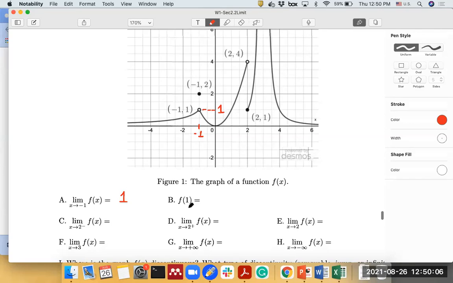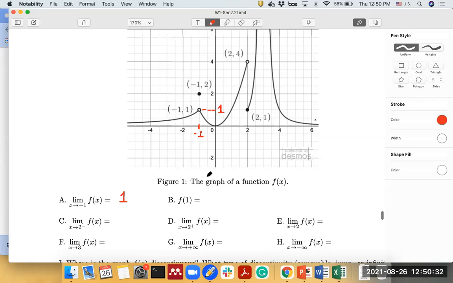What is the value of this function at 1? Good. Remember, it's tricky here. Imagine we're drawing a graph of this function. It draws up to here, and then we have to move our hand and make a solid dot here. And in the y direction, it is 2, therefore f at 1.